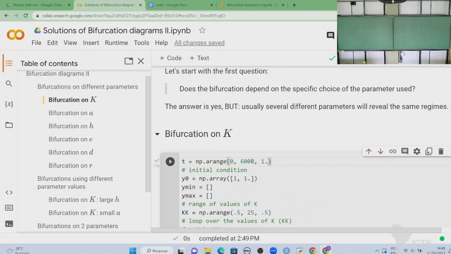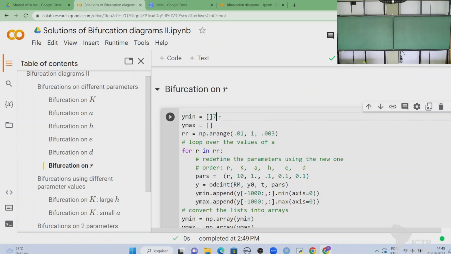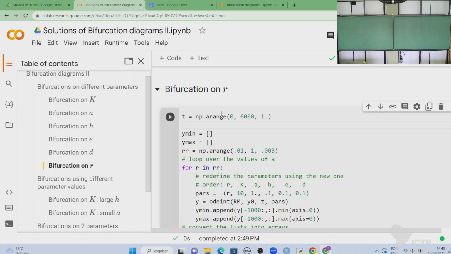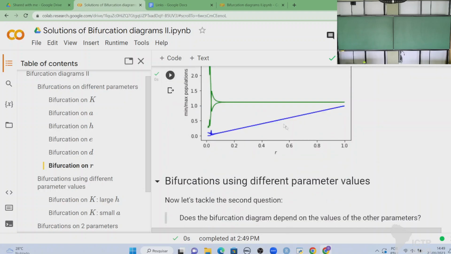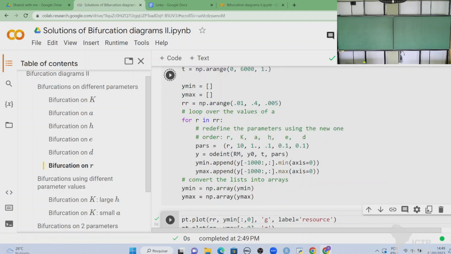Let me use this here. I think I was using a short time, so let me increase it here. We can stop earlier, yeah, maybe here.